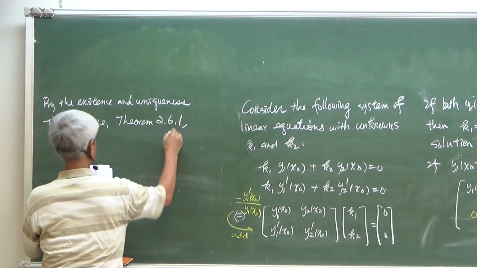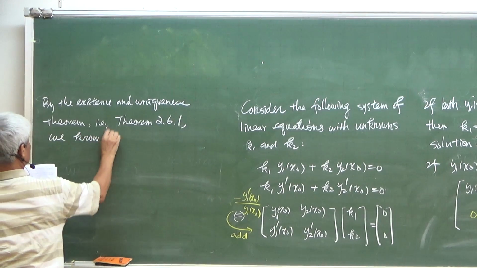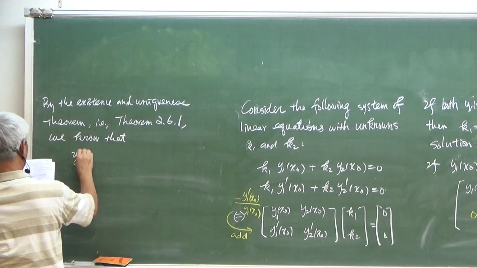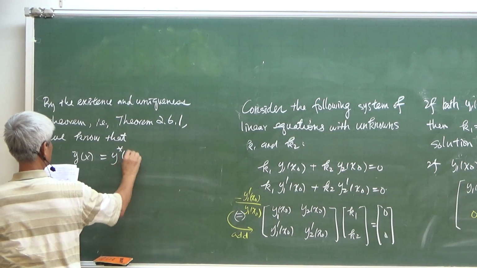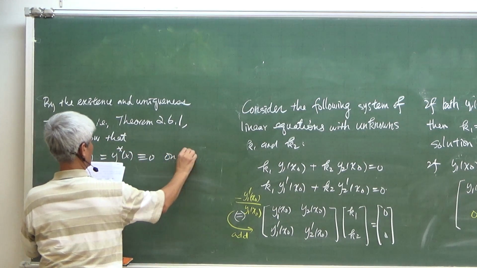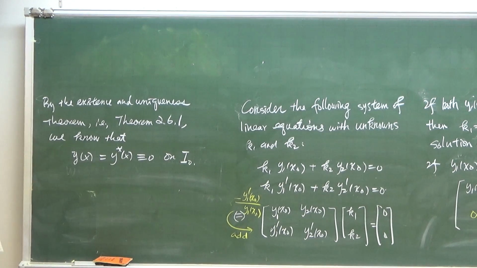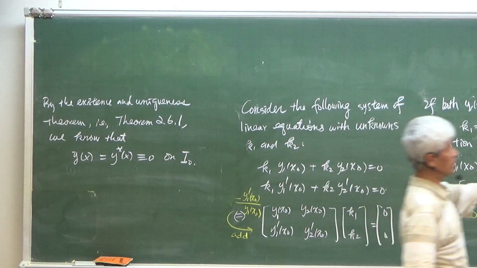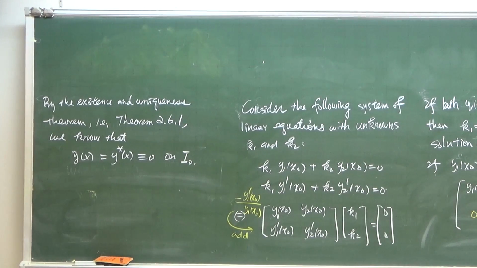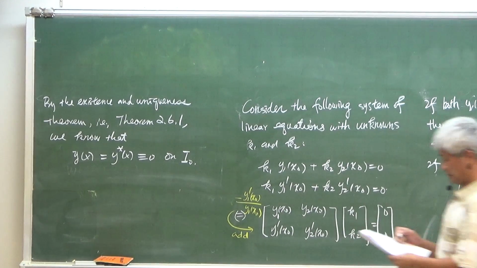We know that y of x must be equal to y star of x. So we prove that this function y of x actually is equal to the 0 function.